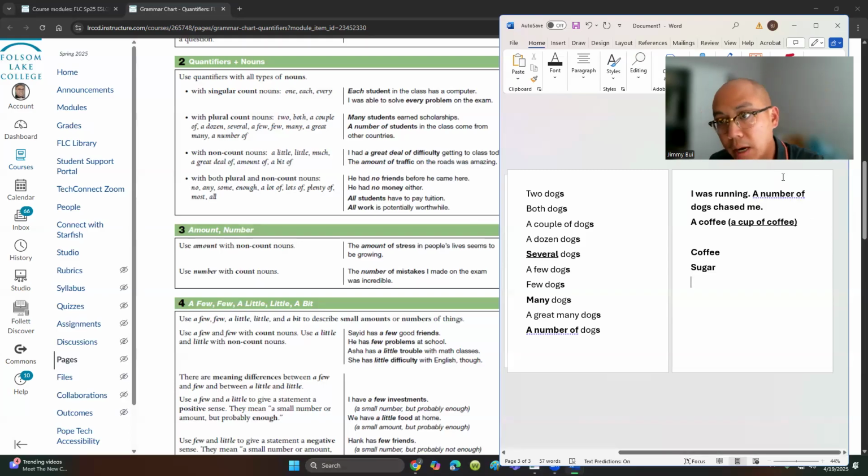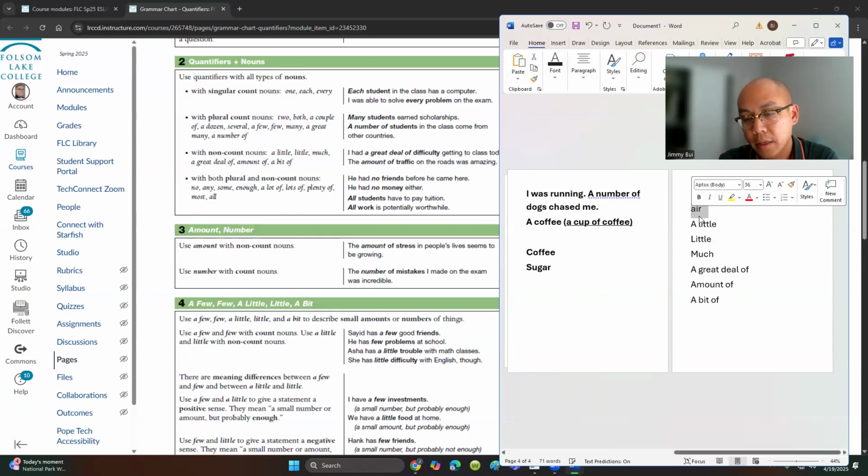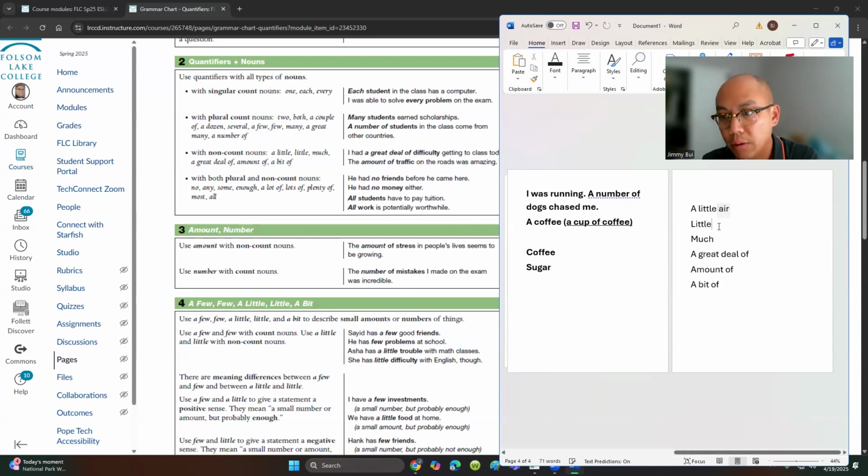And for words that are non-count, like air, there are some forms such as a little, much, a great deal of, amount of, and a bit of. And these you can use with words like air. Of course, they don't have a plural form, or they don't end in S. So amount of air, a bit of air, a great deal of air, much, little, a little.